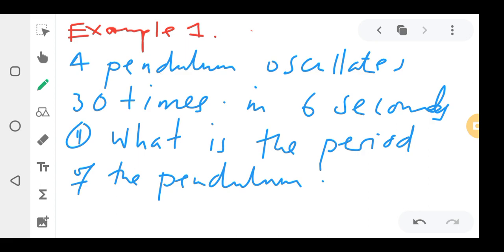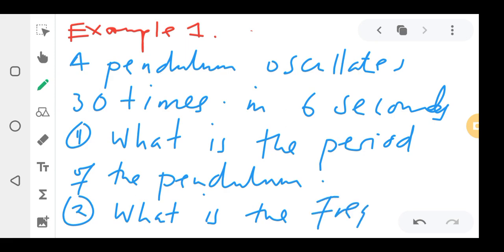And then question 2, they can say, what is the frequency? So again, the period of the pendulum and the frequency of the pendulum as well.